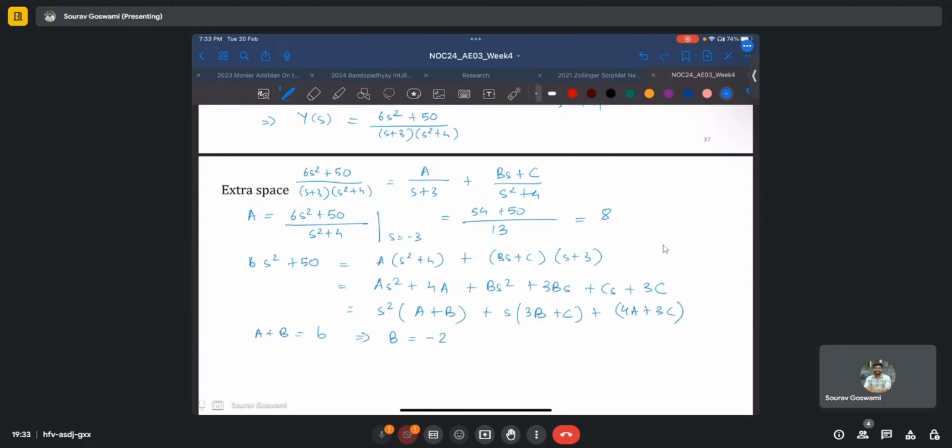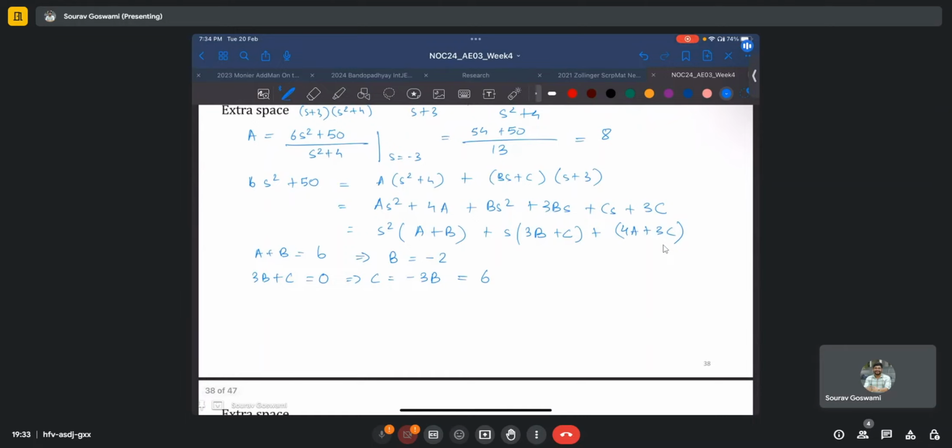Similarly, 3B plus C is 0. So C must equal minus 3B. B is minus 2, so this is 6.